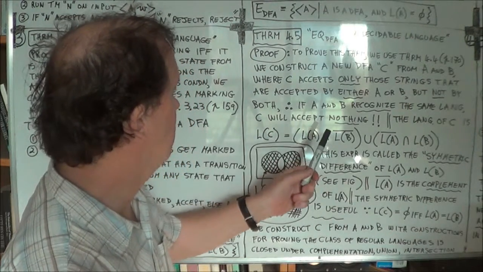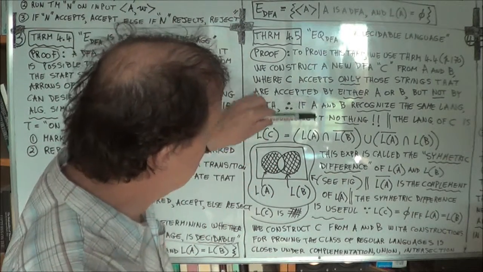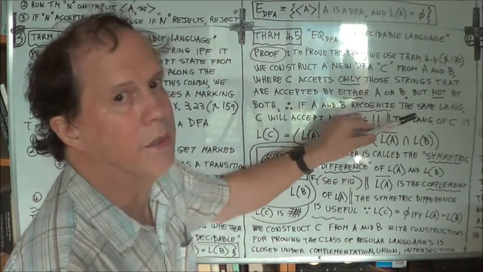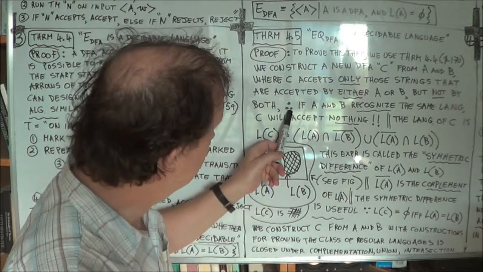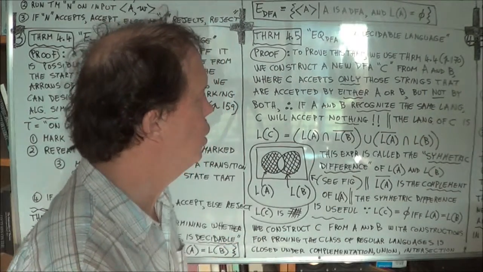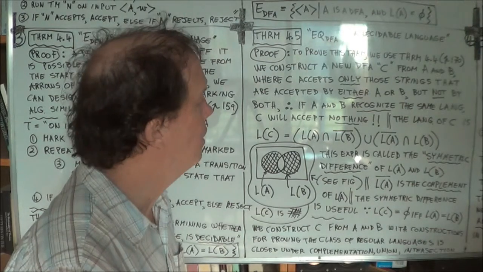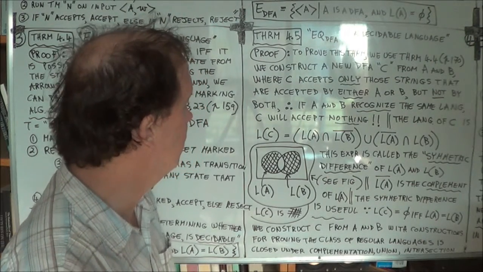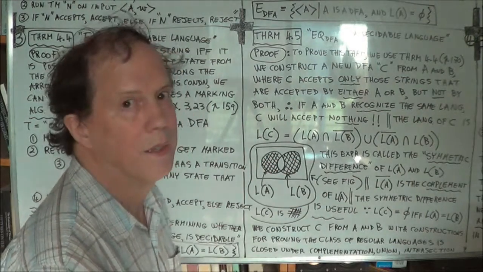Right. So now here's the punchline, the main idea for using C. If A and B recognize the same language, because they're DFAs, that's what DFAs do, can you see that C will accept nothing?